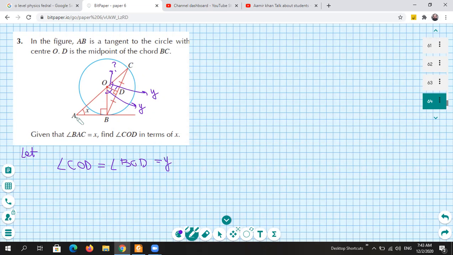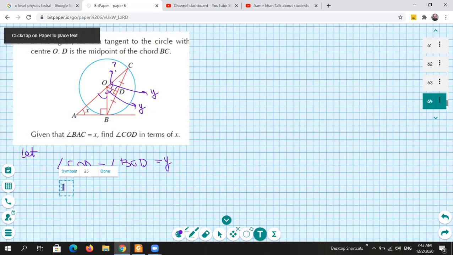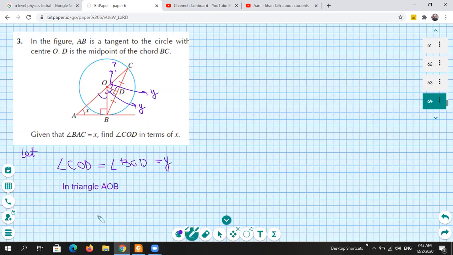Then this angle AOB will be equal to 180 degrees minus these two angles, X and 90 degrees. So I'm applying the property of angles in triangle AOB. The first angle in this triangle is X, second one is 90 degrees, and third one is angle AOB. And the sum should be equal to 180 degrees.